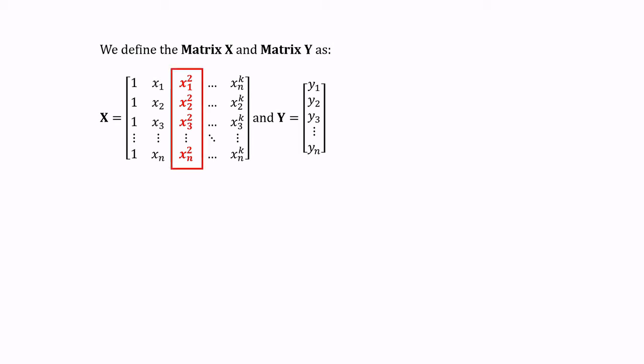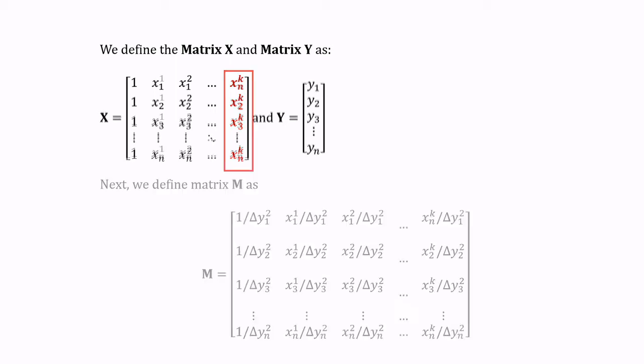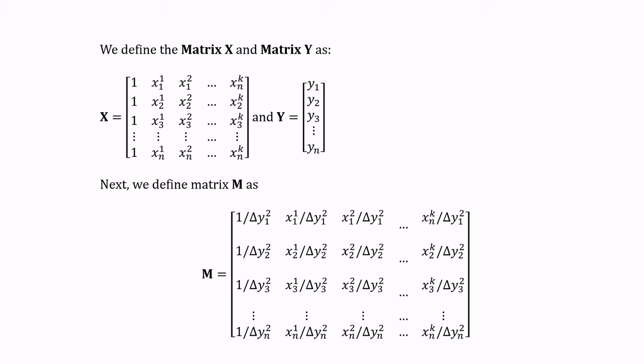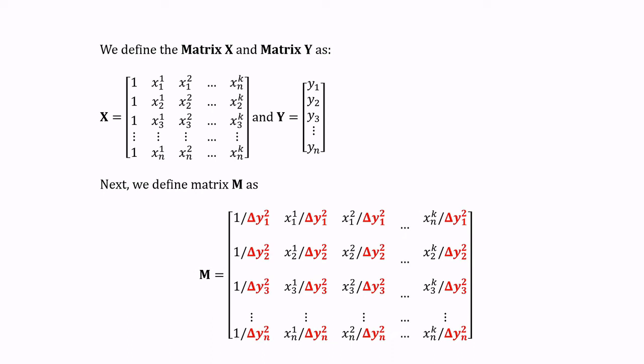And then, we repeat adding the columns of matrix X until x to the power of k, which is the degree of the polynomial. Finally, we define matrix M as follows. The elements of matrix M are simply the elements of matrix X divided by the corresponding measurement error, delta y to the power of 2.